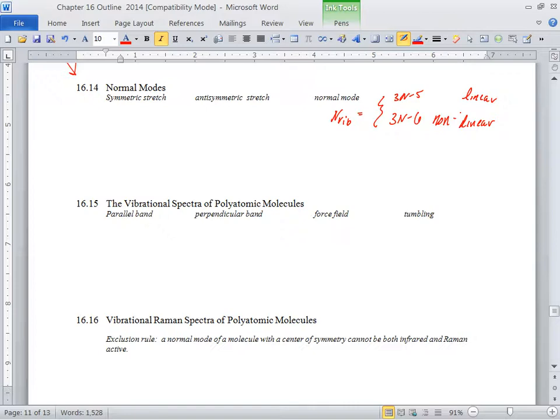So water, just to make sure you're following this, water has blank vibrations. How many? No, wait, no, plug it in.